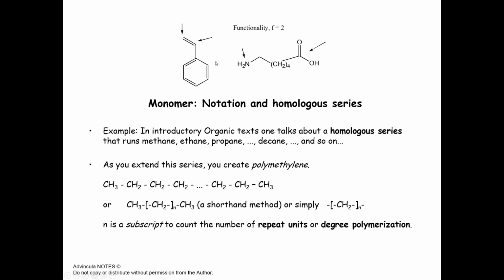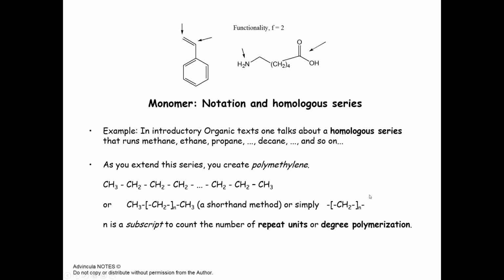Another example of functionality equal to 2 is this amino acid. Alpha amino acid means the amine can react with the carboxylic acid, and in doing so, it can form a polypeptide or a polyamide based on the reaction of these two functional groups. Hence, we refer to a monomer as a molecule having a functionality of 2 that can propagate to form a polymer.